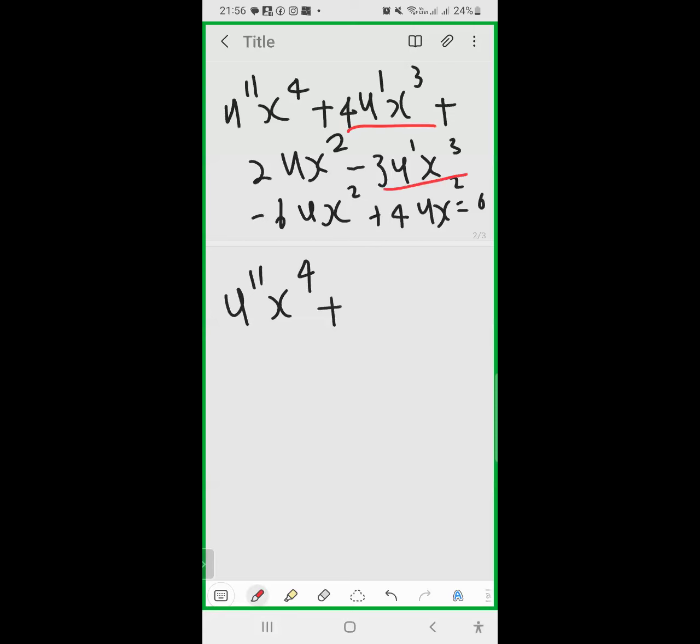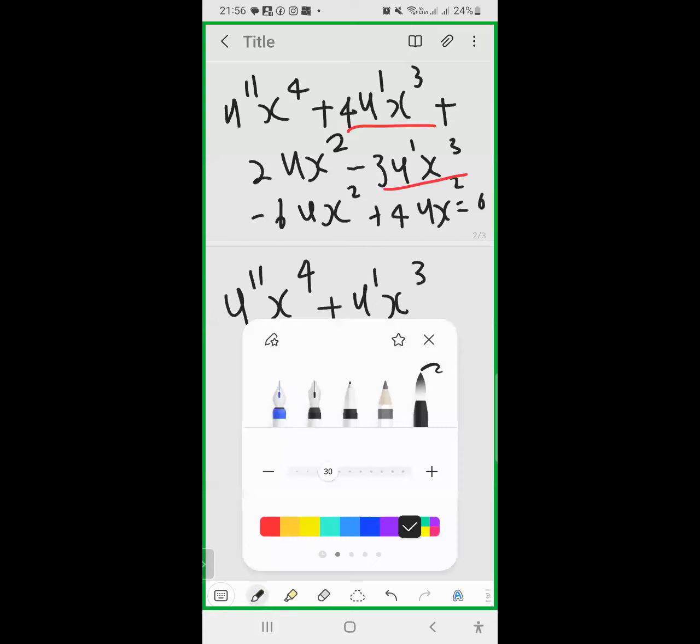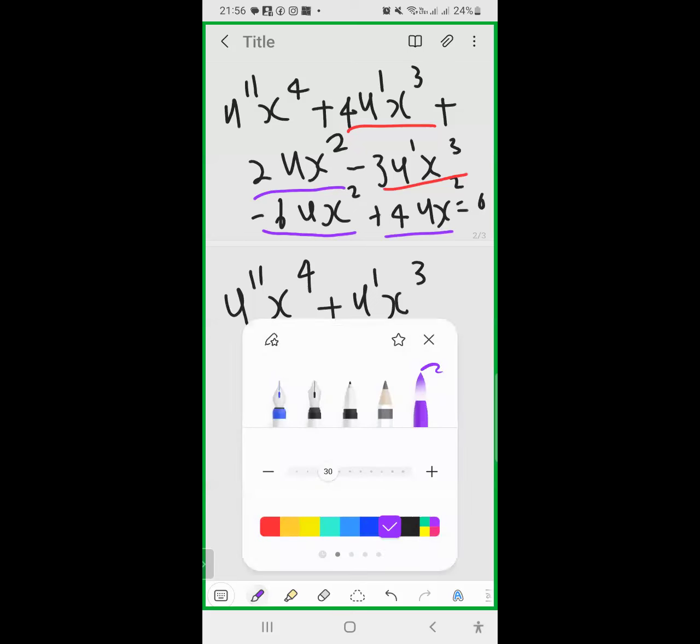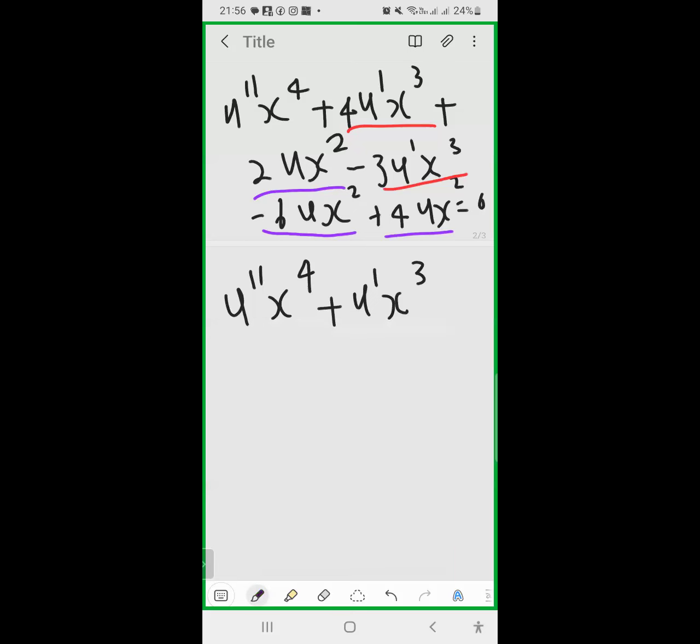So this is going to be 4u prime x cubed minus 3, that will be plus u prime x to the power 3. And then other like terms, we have 2ux squared minus 6ux squared plus 4. So 2 minus 6, that will be minus 4ux squared plus 4ux squared, which is just 0. Therefore, we're going to have u double prime x to the power 4 plus u prime x cubed to be equals to 0.